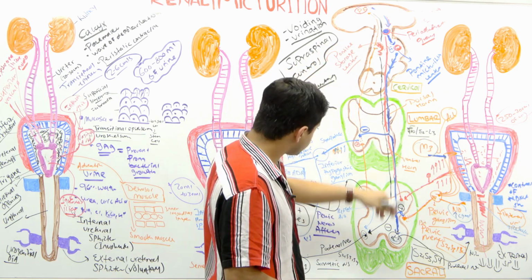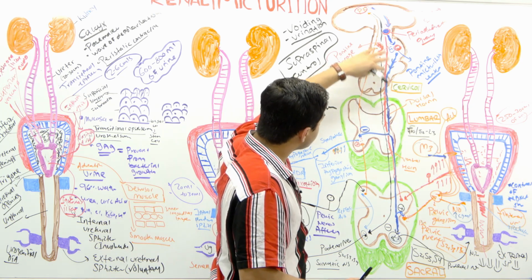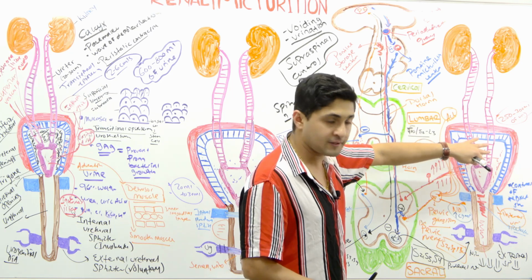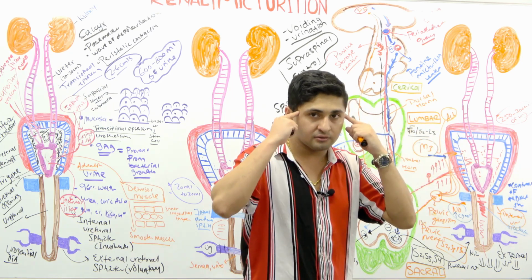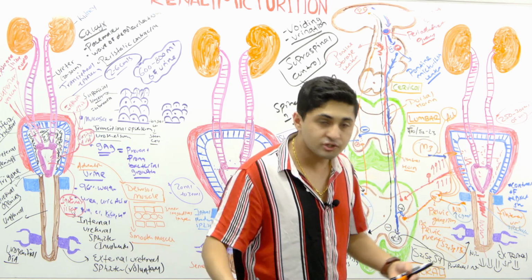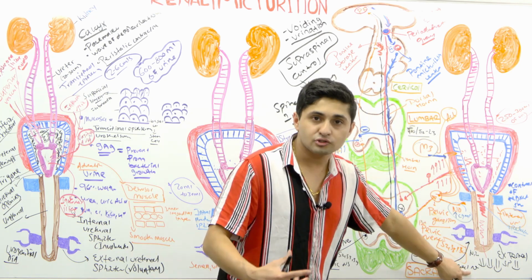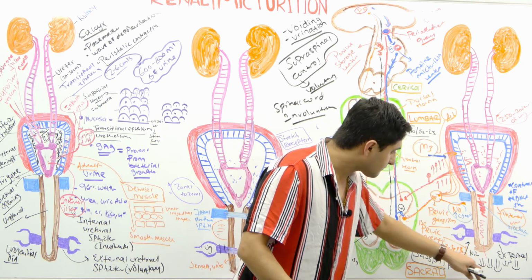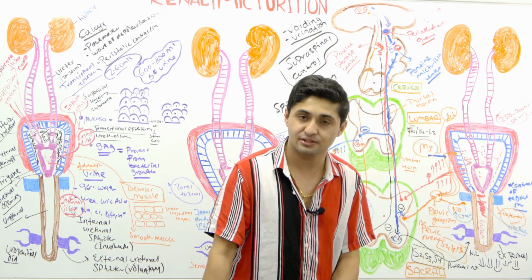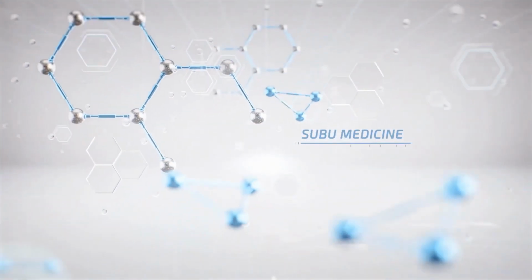Just letting you know, if you need to void in a particular place while this is filling up, you can voluntarily control it through your prefrontal cortex, so that you don't pass the urine.